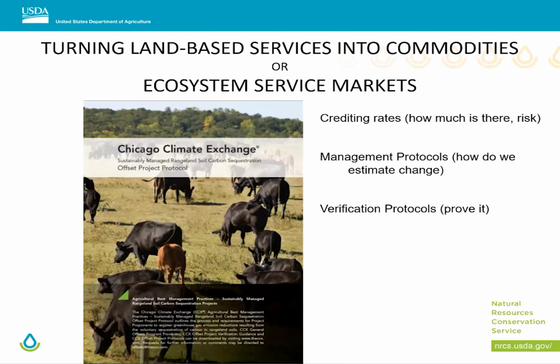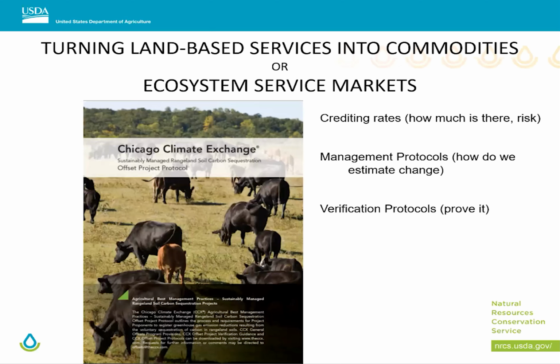Because this is a commodity that stays in the soil, it's important that we understand and trust our verification protocols. We have to, as sellers, prove it to buyers.